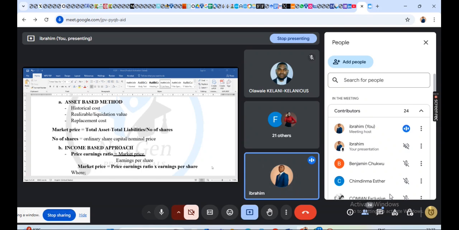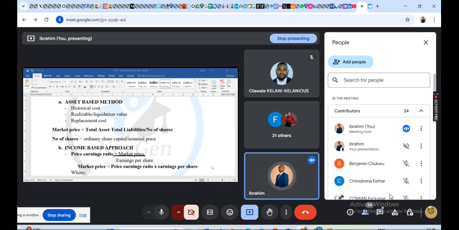Don't forget, it is market price you want to determine, because you want to determine the market price that you will pay for that business, or that will make you invest in that business. That is why one of the purposes of valuation is to buy shares. What will be the market price?